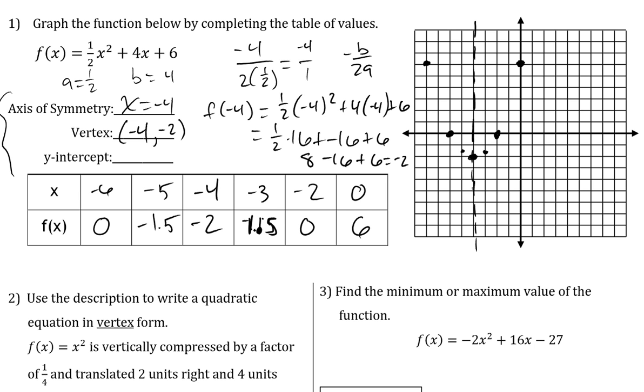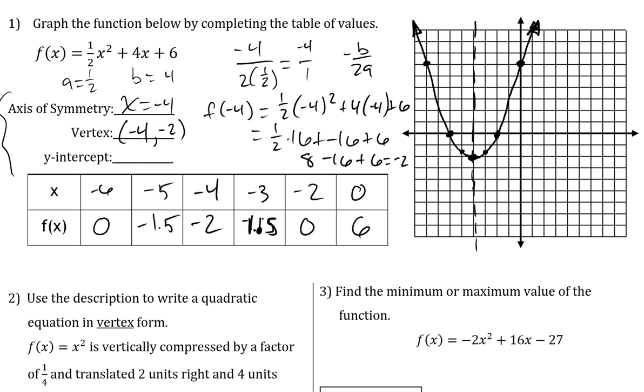So I've got a pretty good look at what this function is looking like. At this point, I'm just going to sketch the curve, and sketch this way also. Now, I'm not trying to go crazy or anything, but notice this is a decent sketch, a reasonable sketch of what this function looks like.